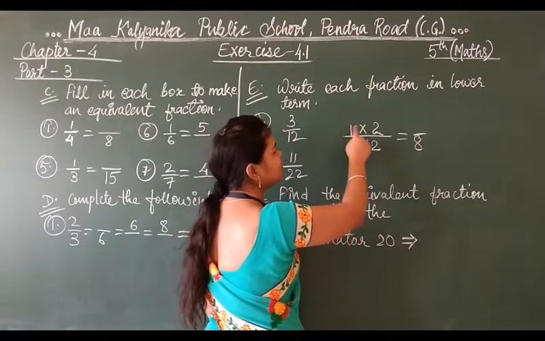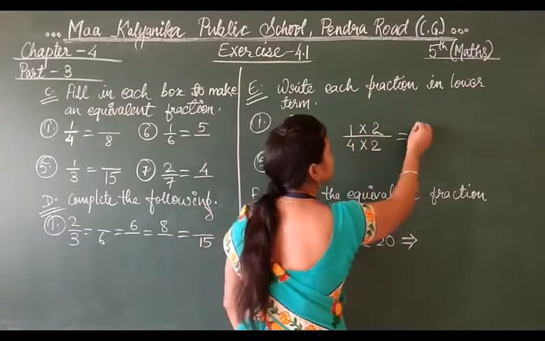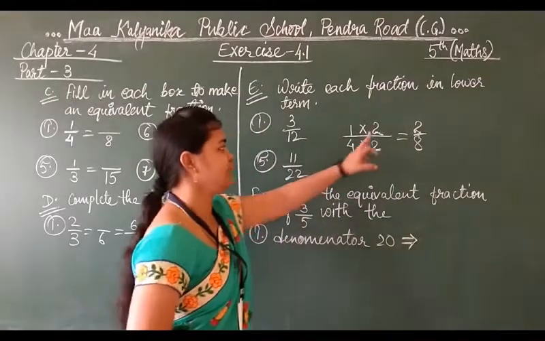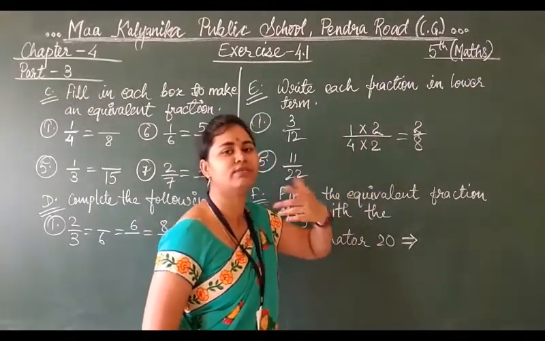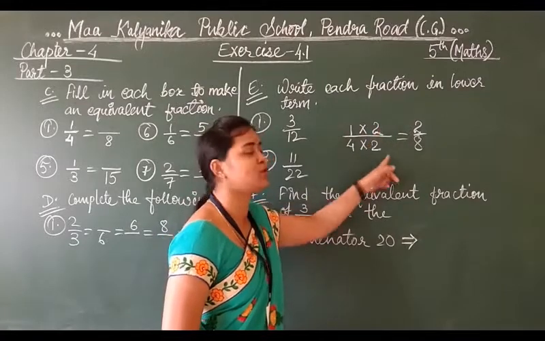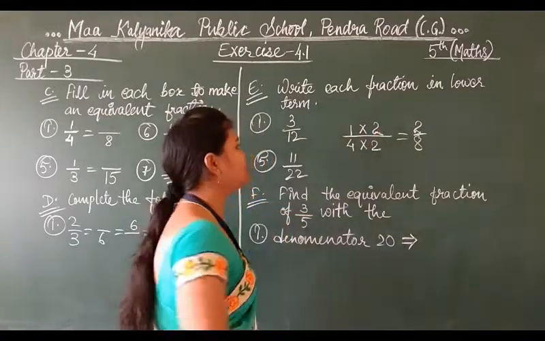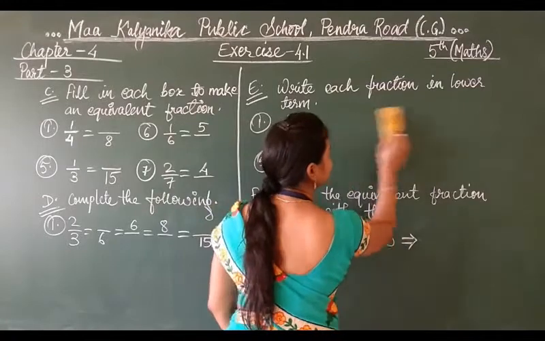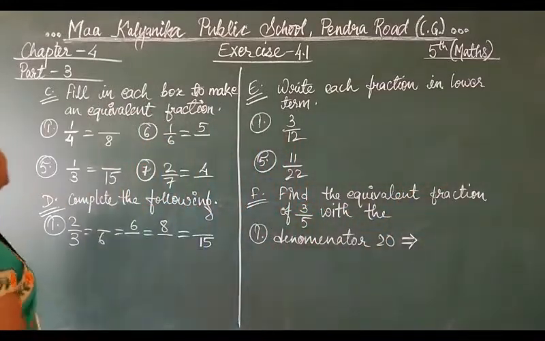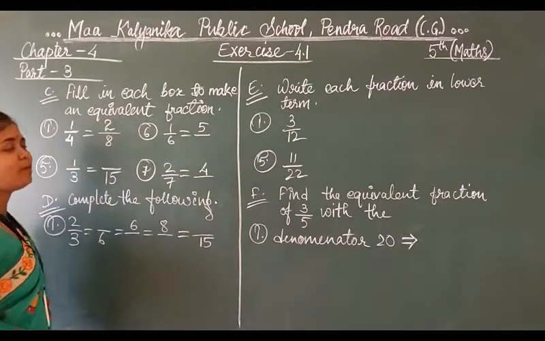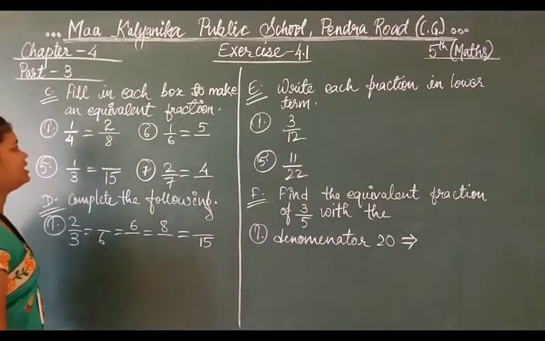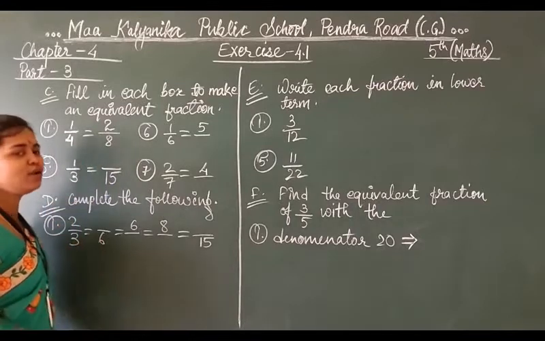So see students, 1 multiplied by 2, 2 ones are 2. Simply the same common number you have to use for multiplication, or if division is required then division, but the same number should be multiplied or divided. So your answer received here for C is: 4 twos are 8 and 1 two is 2. So 2 by 8 is your final answer.